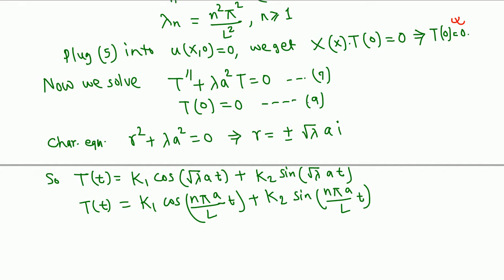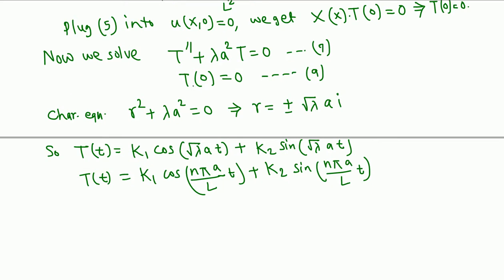Now we want to use 9, so using T at 0 equals 0, we get this is 0. Now we are replacing t by 0, so cosine 0 is 1, so we get k1, plus sine 0 is 0, so the whole thing is 0.